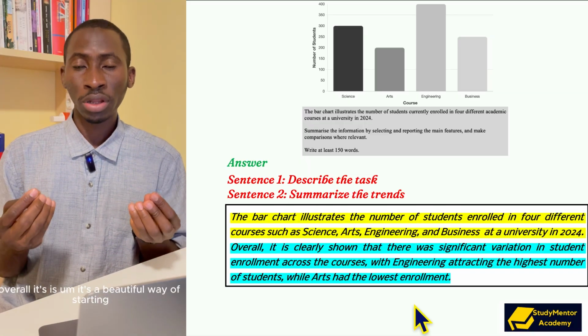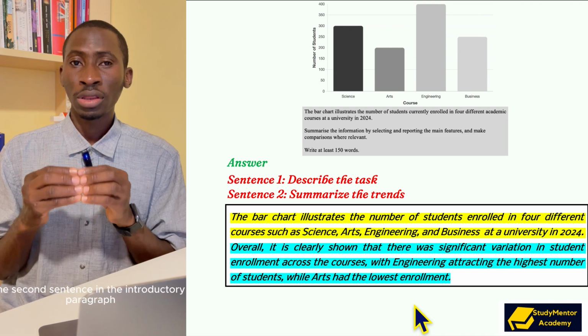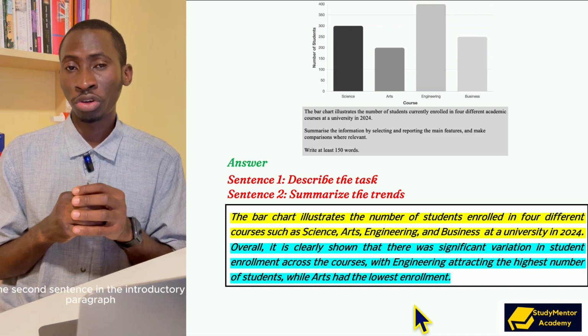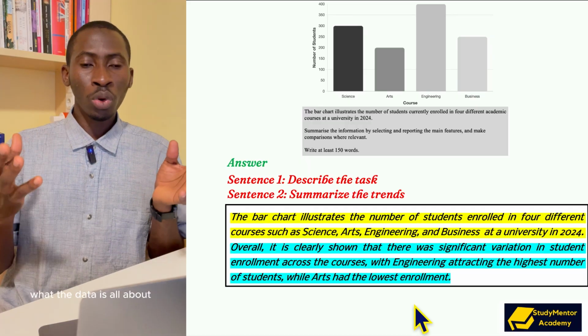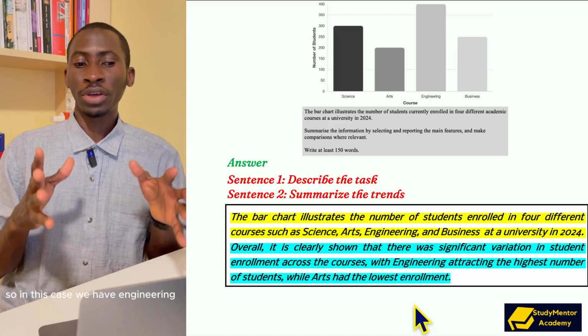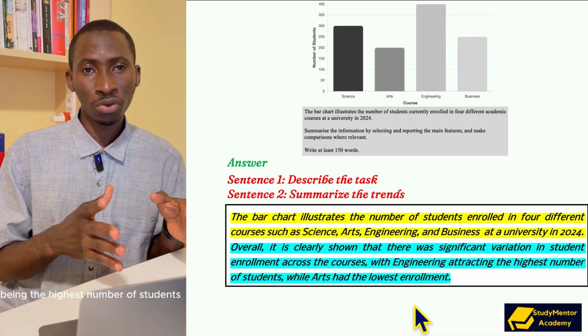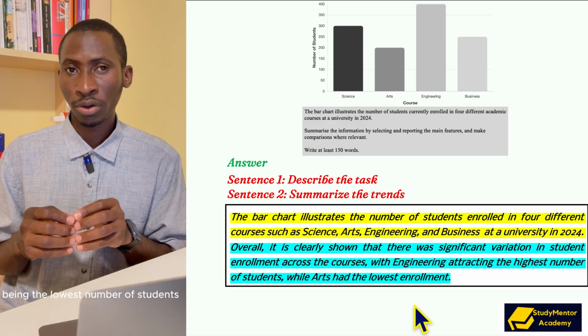Overall is a beautiful way of starting the second sentence in the introductory paragraph, because you want to give us a glimpse of what the data is all about. In this case, we have engineering being the highest number of students, and the arts being the lowest number of students.